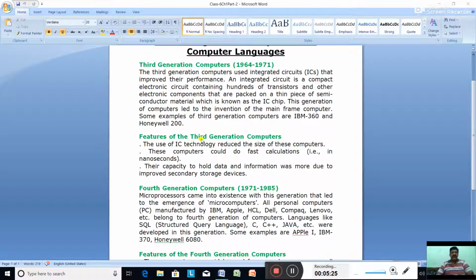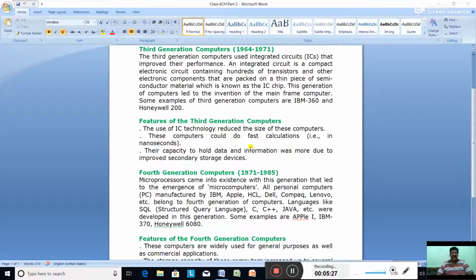Now, features of third generation computers. The first feature, the use of IC technology reduced the size of these computers. Because of the ICs, the size of these computers was smaller than the first and the second generation. Okay, these computers could do fast calculations. The calculation was done in the nanosecond.